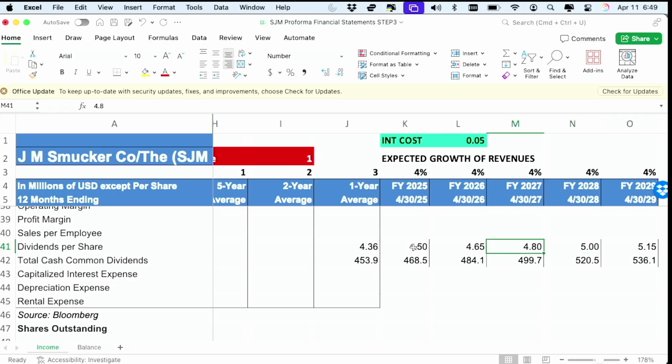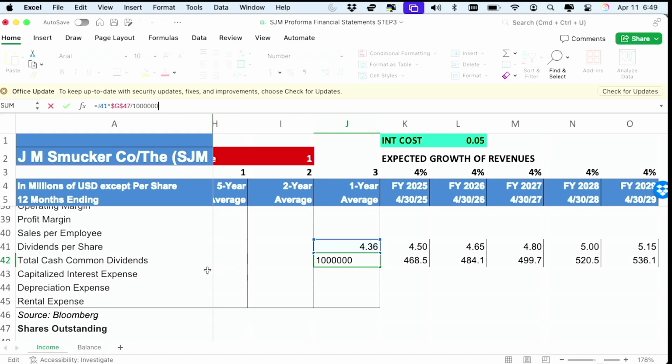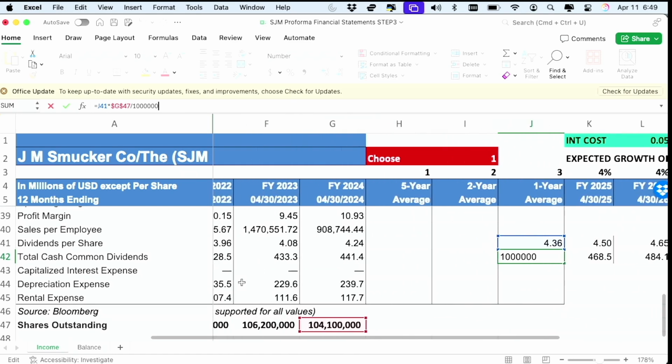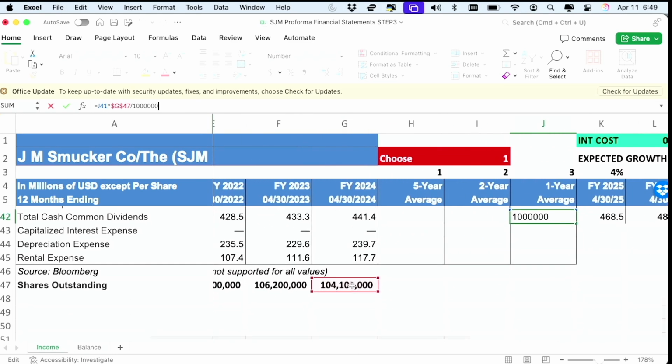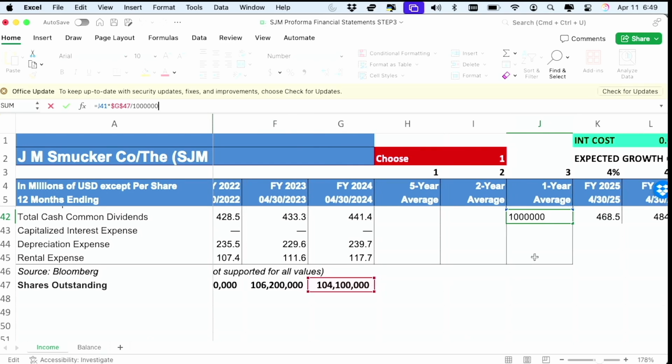Then I've also taken that dividend per share and multiplied it by the shares outstanding. I actually have shares outstanding down here as well, that 104.1 million.